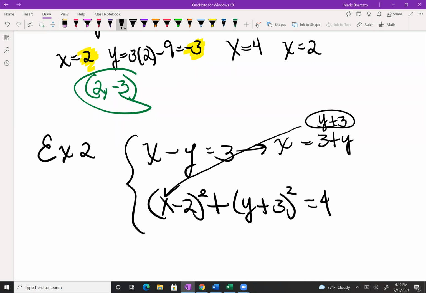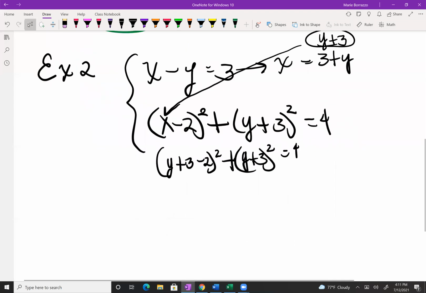So now this becomes (y plus 3 minus 2) squared plus (y plus 3) squared equal to 4. And so obviously these two get combined to give you y plus 1.